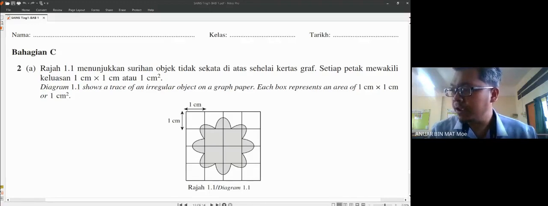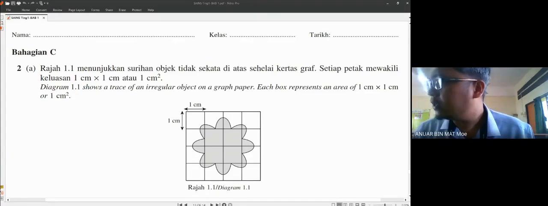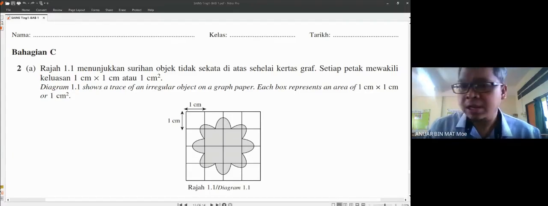That is section B. We already stopped at section B last week, 25th of February, when we finished section B in chapter 1.